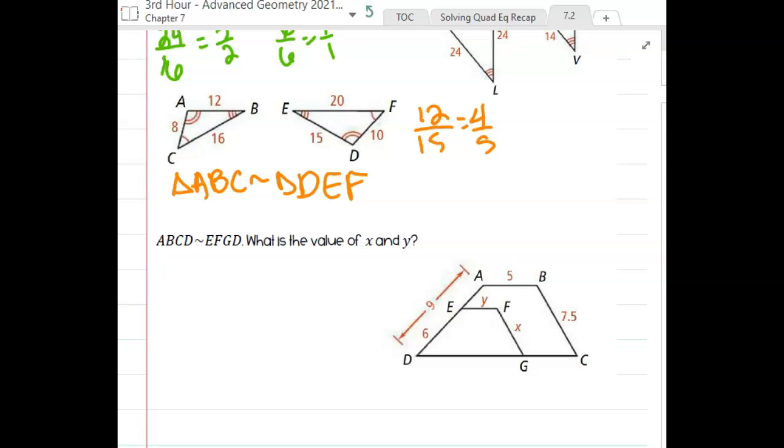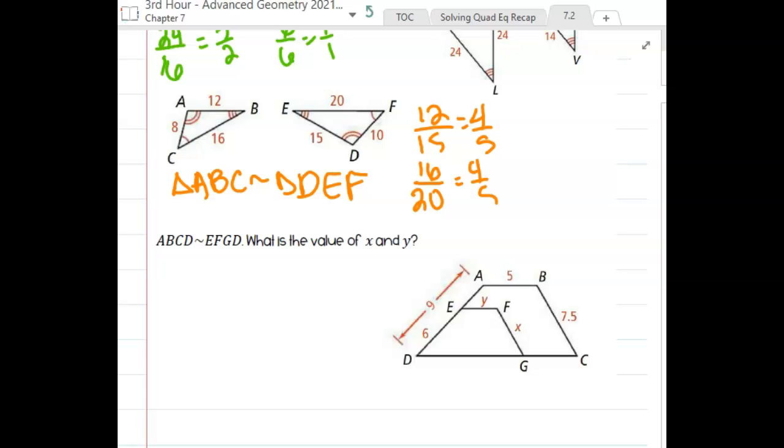Okay, and if I set up another ratio, maybe we do BC. What side corresponds with BC? EF, right? The second and third, the second and third. So BC is 16, EF is 20, and 16 over 20 reduces to 4 over 5. Starting to get a little excited here. Yeah? Okay.